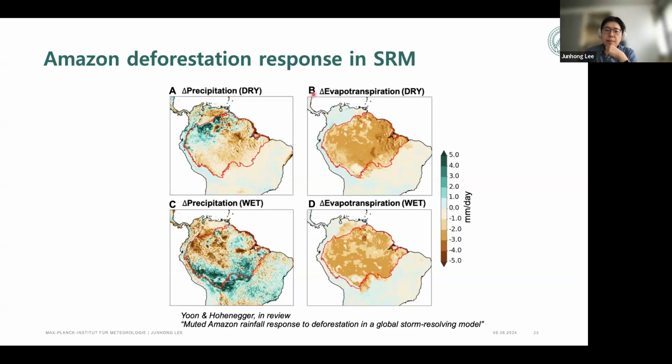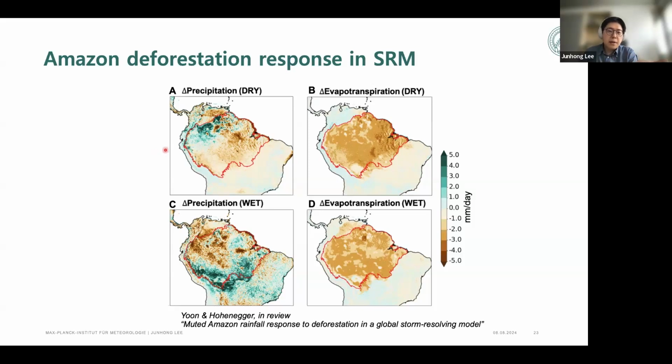The plots B and D are showing the evapotranspiration differences in dry season and wet season. The brown color means the evapotranspiration is diminished in the deforestation simulations. They found a diminished value for the two seasons, dry and wet, but they didn't find change in precipitation in terms of domain average precipitation.